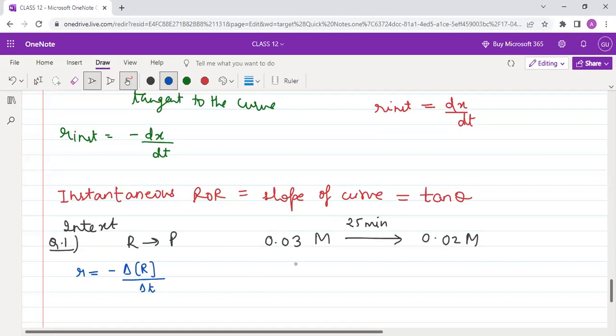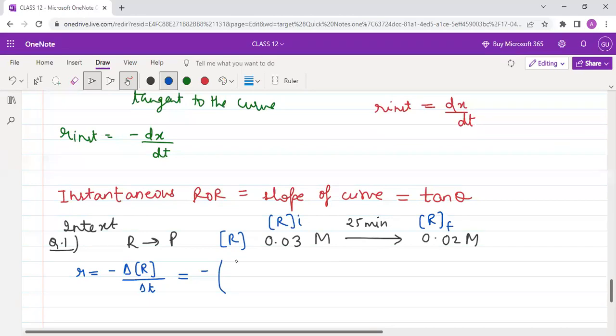Yes. And you have been given the concentration of reactant, so you have the minus sign with you, right? Yes. And change in concentration is the final concentration minus the initial concentration. So 0.03 molar is the initial and 0.02 molar is the final.